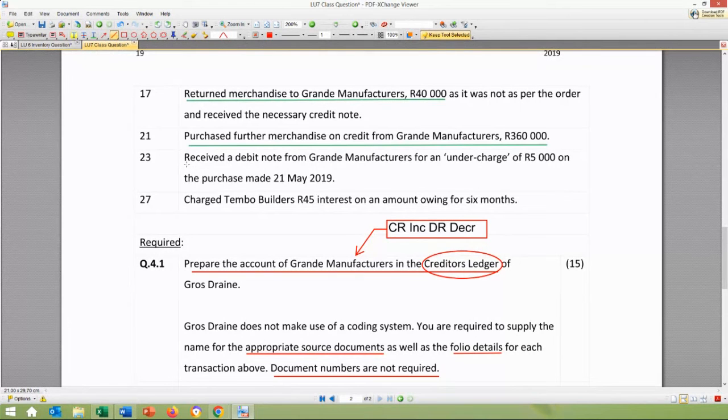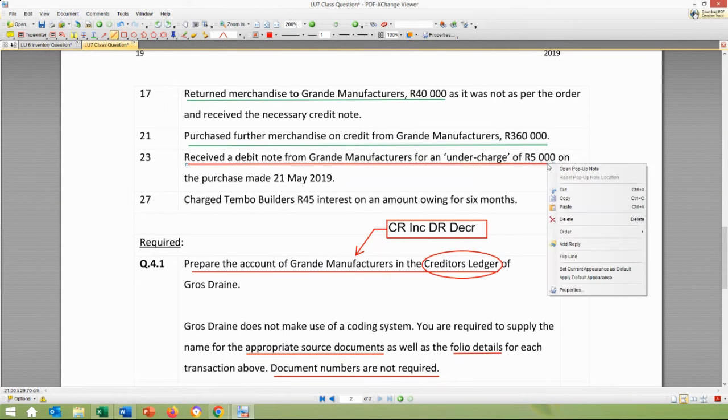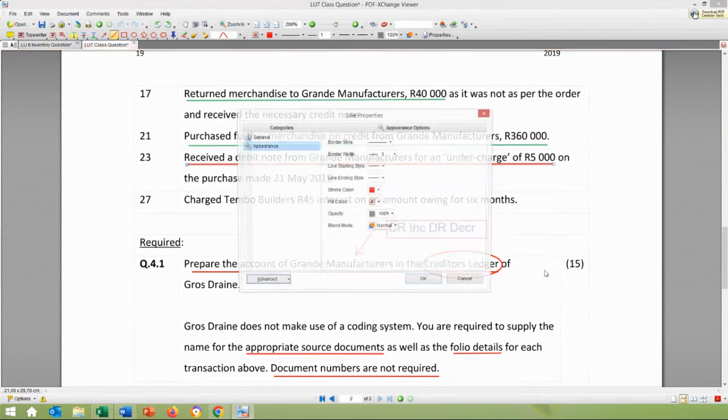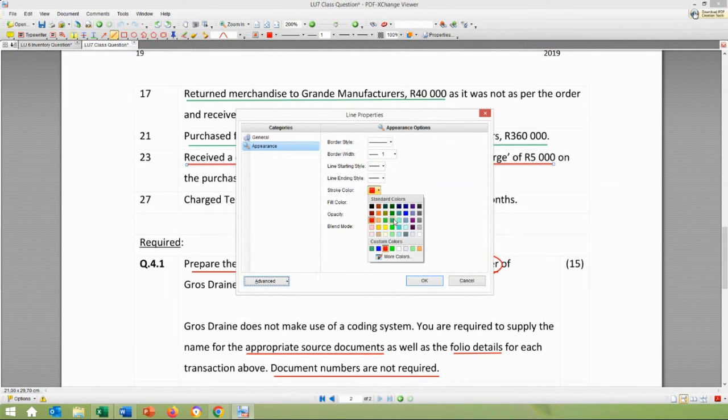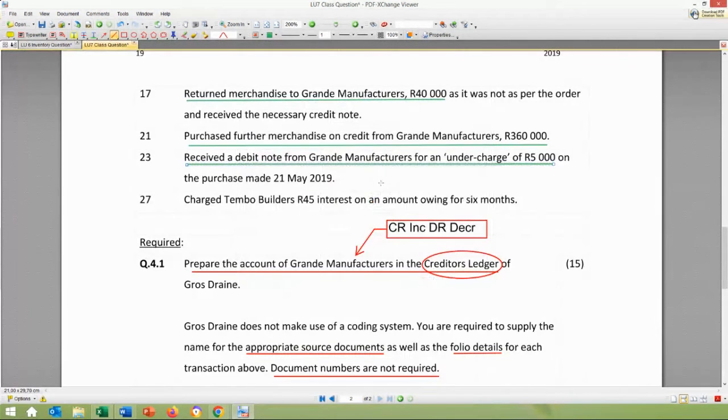Then we received a debit note from Grand Manufacturers for undercharge of 5,000 Rand on the purchase, so they did not apply the correct amount. So we were undercharged with 5,000 Rand. So we're going to add an additional 5,000 Rand.